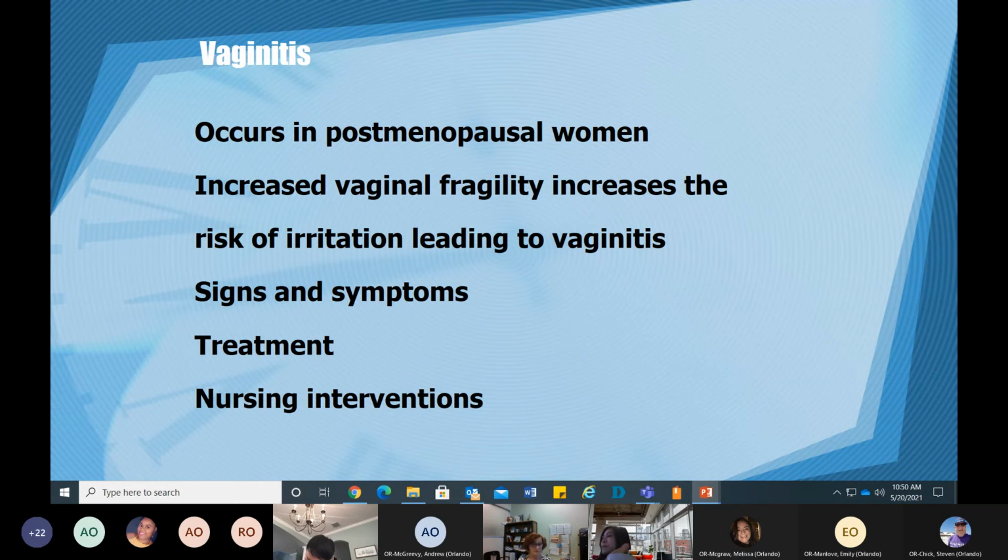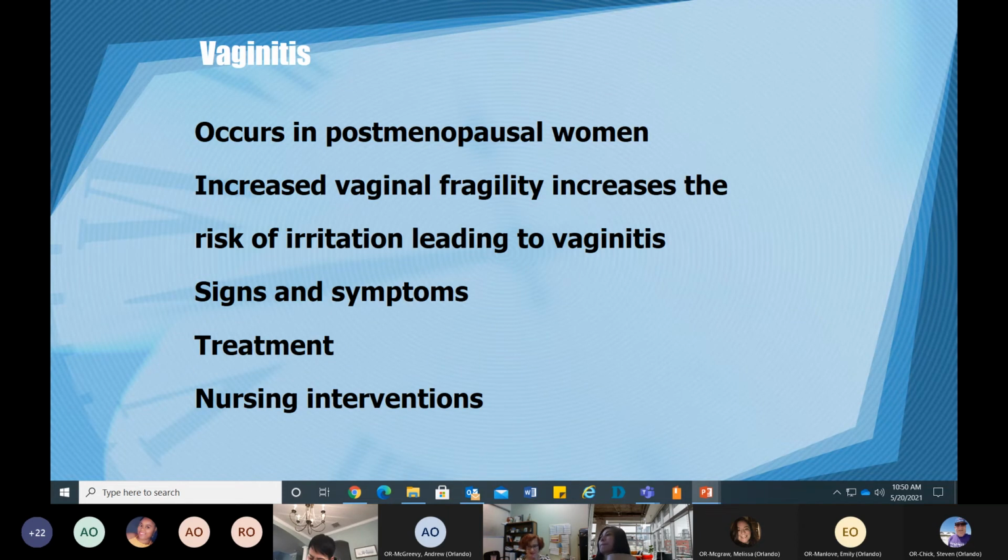Sometimes the healthcare provider will order some local estrogens, in other words, estrogens that can be applied to the vaginal area. Sometimes boric acid and other types of douches can be ordered by the healthcare provider. But we need to teach our patients about how to give a douche, making sure the fluid is not too hot, check that temperature.